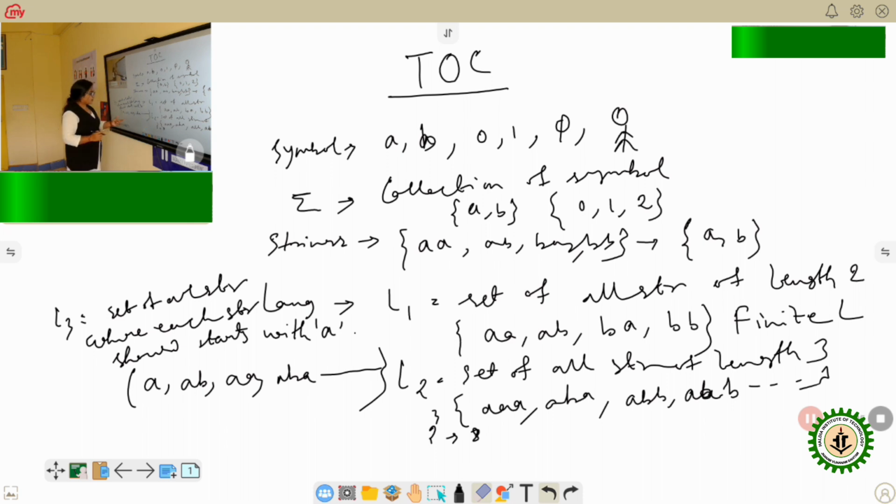So we can get here any length of strings, with only one constraint: the string should start with A. So this is an infinite language.